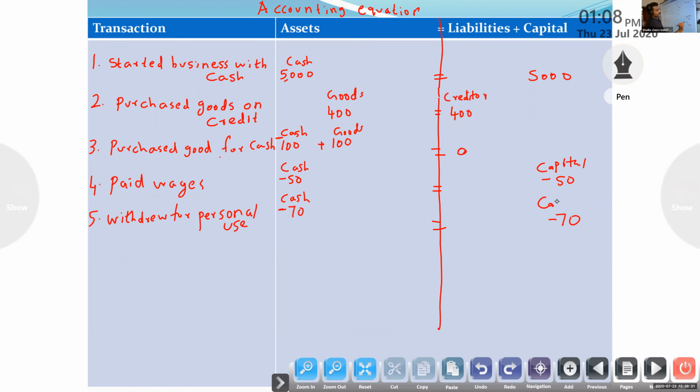Very good. Capital no need to write again, right, because capital is already there. So minus 70 is equal to minus 70.